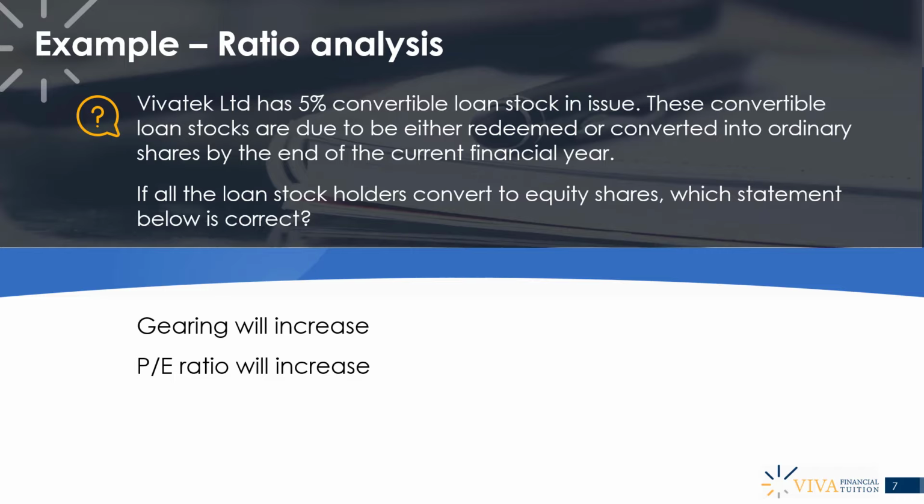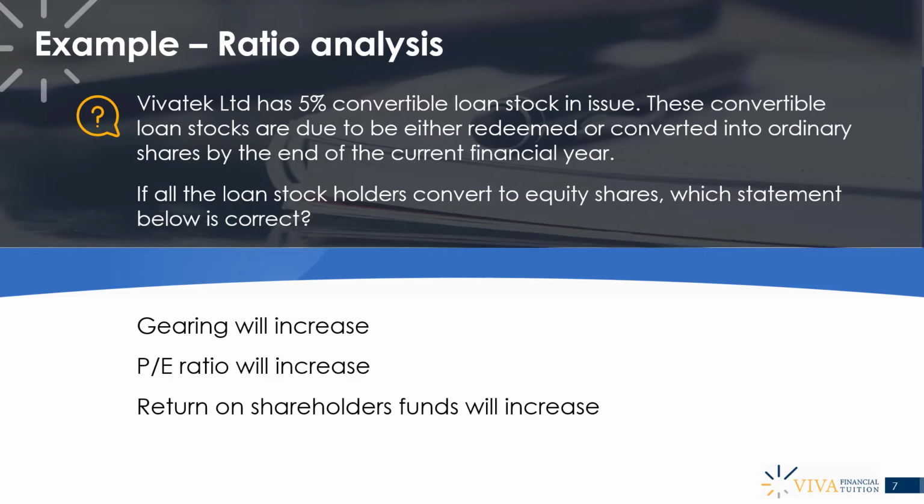What do you think will happen to the share price if we're just divvying the company up between more shares? Yeah, you're right. The share price will fall because we're dividing the value of the business by more shares. And when the share price falls, the PE ratio also falls because the P on the top of that ratio gets smaller. So that's not correct.